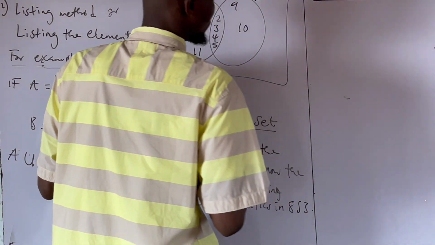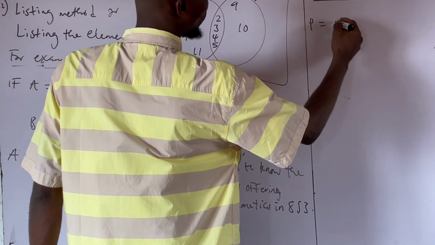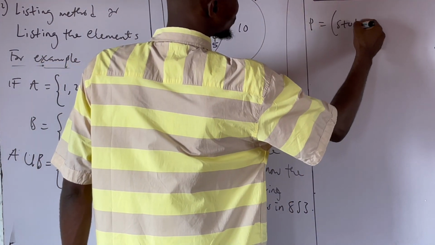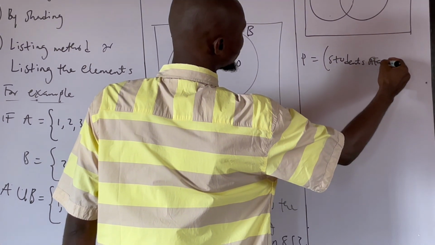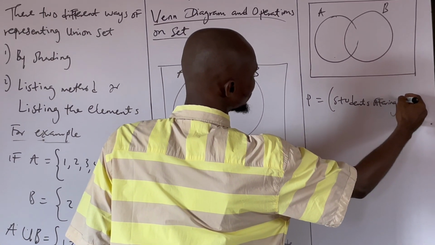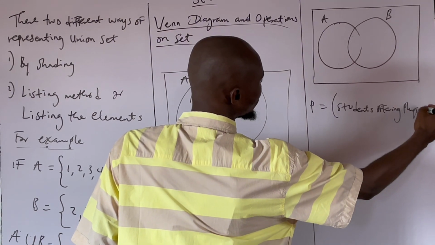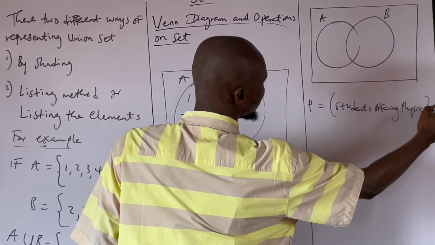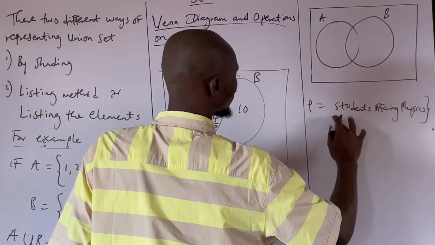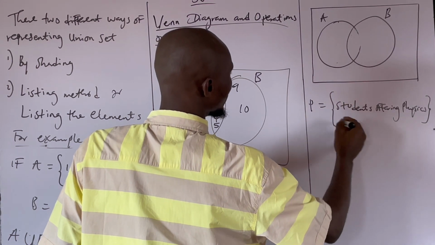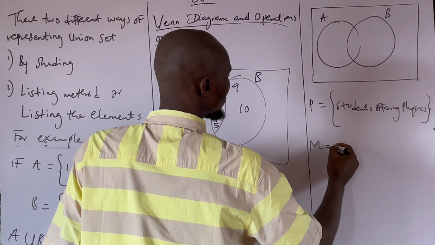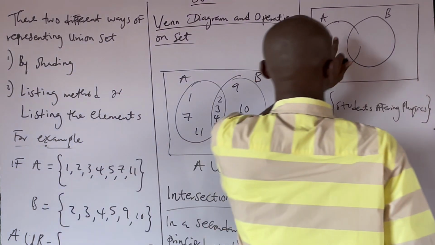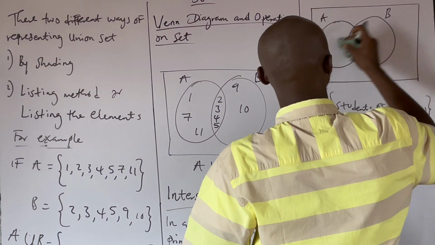We're going to say P is for students offering physics, right? Then M. So here I'm going to use P and M. Do you get?